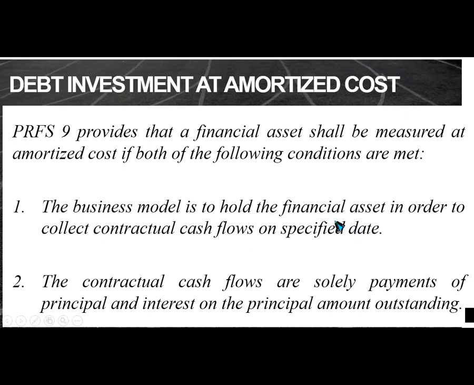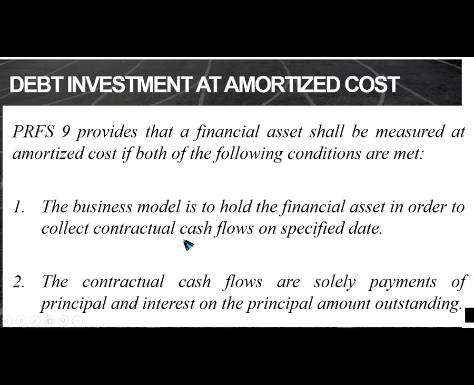So, if your intention is to hold that financial asset to collect interest and principal on a specified date, and those contractual cash flows are solely payments of principal and interest on the principal amount outstanding, then you can qualify, measure, and classify the financial asset at amortized cost.